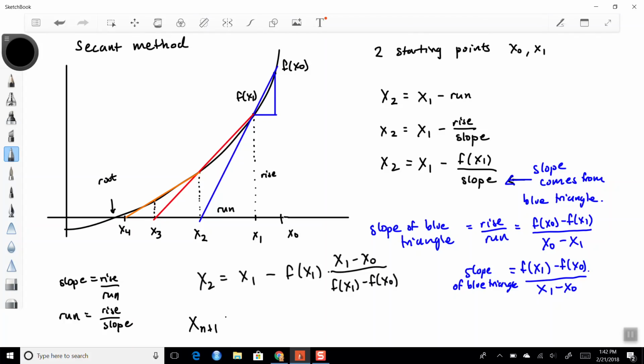Okay, and then to generalize, we've got x sub n plus 1 at the next location, which is going to be x sub n minus f of x sub n times x sub n minus x sub n minus 1, divided by f of x sub n minus f of x sub n minus 1.